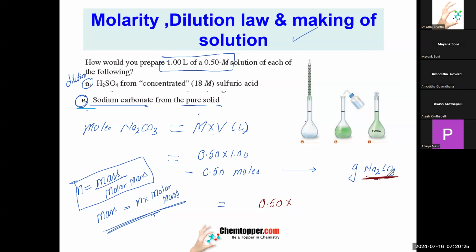No. So Mayank, how come you're getting 41.5? Is it 106? Again, I think this error you made last time also. You have not taken 2 sodiums. You have taken 1 sodium. And this is the answer. Mayank, I think you have taken in your molar mass 1 sodium.